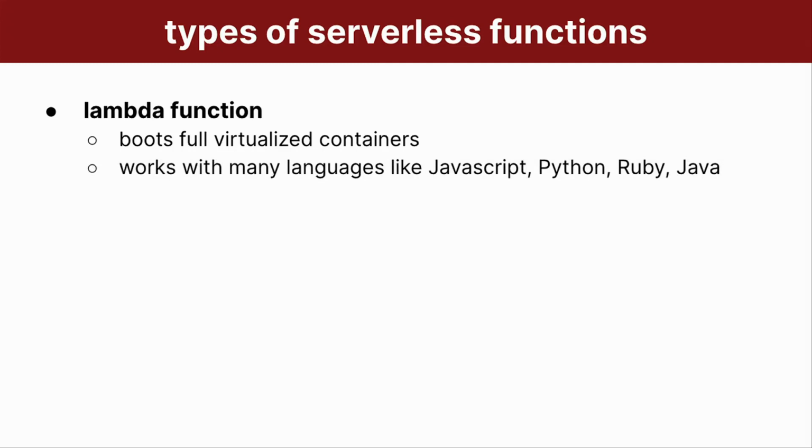This will work with many languages, like Java, JavaScript, Python, Ruby, basically every language you want can run on this runtime. It takes about 100 to 300 milliseconds to boot up, because it will actually boot up a small operating system onto a container and then have to load your code in and then execute your code. The first 100 to 300 milliseconds of loading up the operating system and your code is called a cold start.